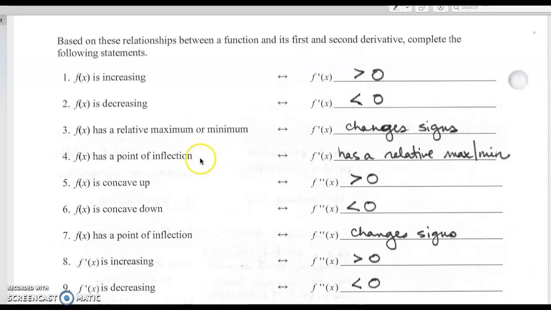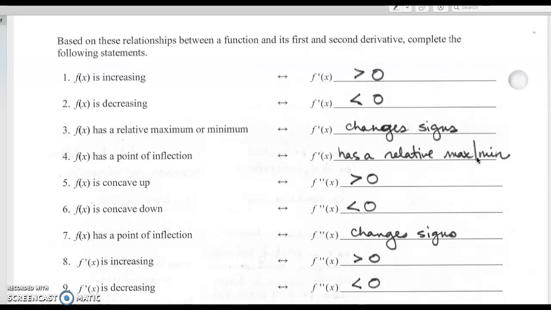If we have a point of inflection, remember, you might have to think about this, a point of inflection means the second derivative is 0. Well, if the second derivative is 0, that means that the first derivative must have a relative max or min. I like to think about it as: if the second derivative is 0, that means that the first derivative must be a horizontal tangent.